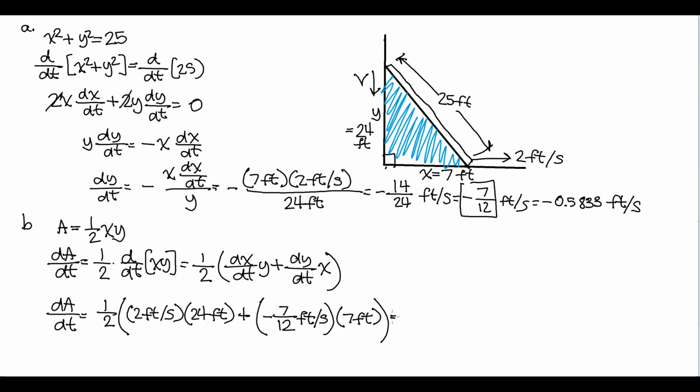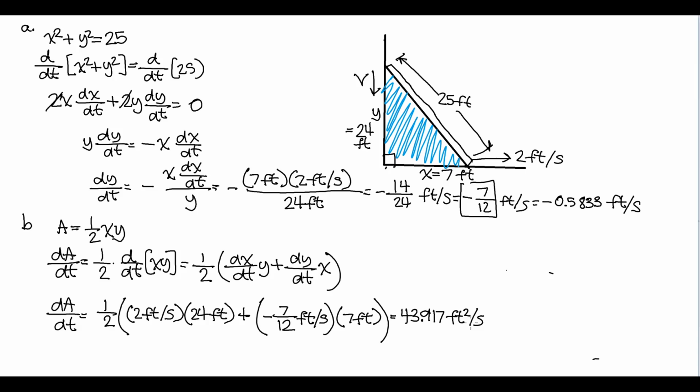And we get approximately 43.917 feet squared per second. So the area is increasing, since our rate is positive.